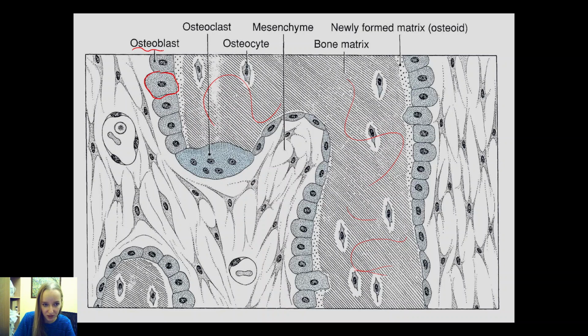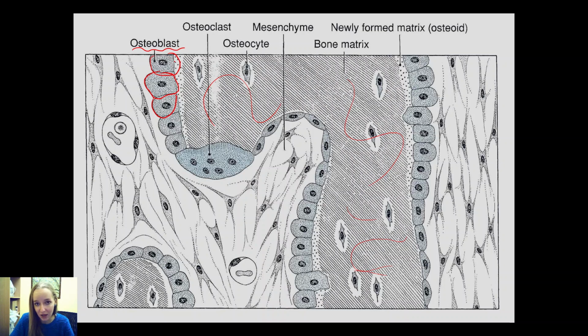On the surface, we can find osteoblasts. Remember, these are precursors of osteocytes, but they are not able to divide. So one osteoblast is forming one osteocyte in a process of just differentiation, because these osteoblasts, what are they doing?